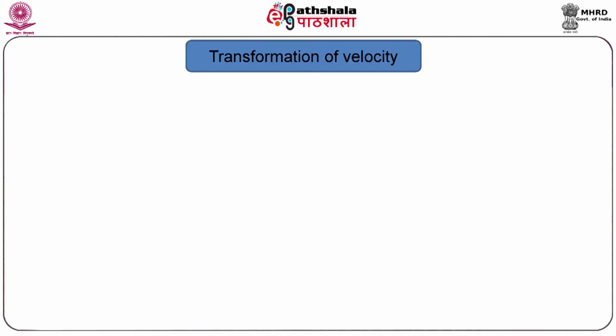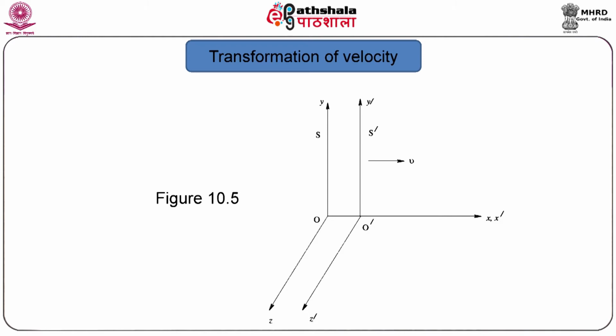Let us first discuss the transformation of velocity. Please go through figure 10.5. In this figure, two frames S and S dash have been shown. O is the origin of frame S, which is a fixed frame.